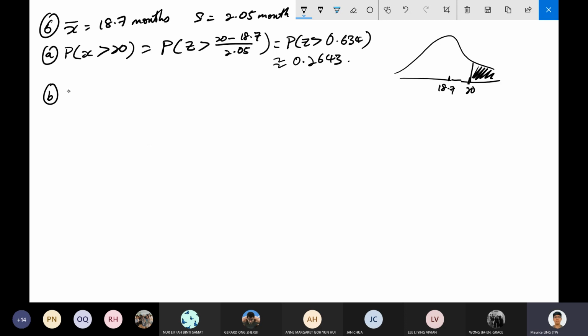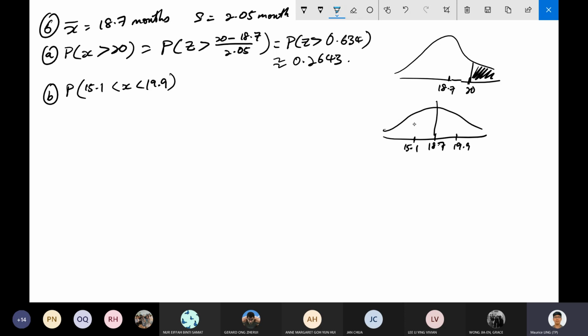So B, the probability that it is between 15.1 to 19.9. Then this is where you have 18.7. So you have 15.1 to 19.9.